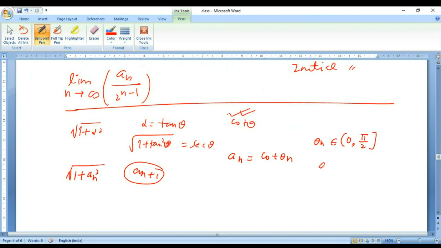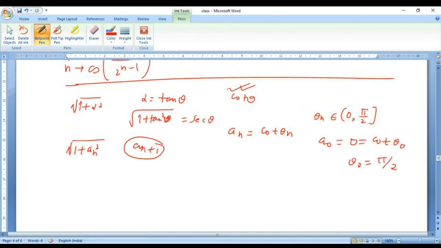In fact, a naught is given to be 0. So if I find my theta naught corresponding to this, I'll get theta naught is pi over 2, which is all right, because cos pi by 2 is 0 and sin pi by 2 is 1. So cot theta naught is 0. So we are getting an is cot theta n.